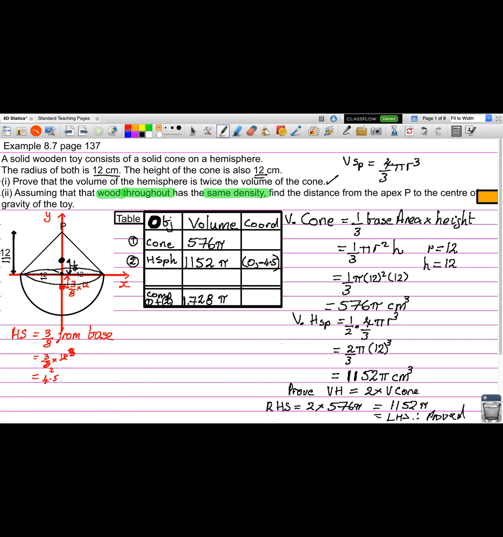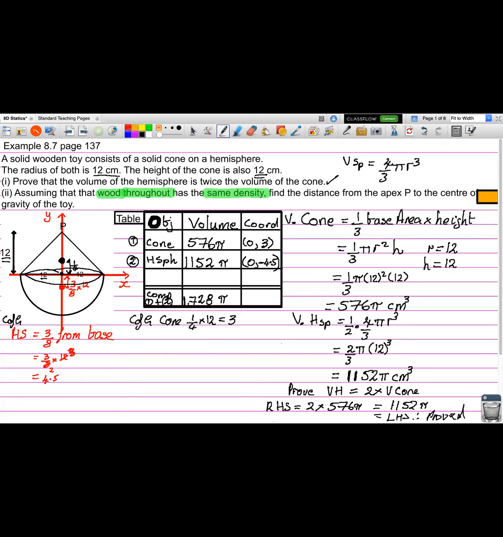So the center of gravity for the cone is going to be 1/4 the way up from the base, which means it's going to be 1/4 of 12, and 1/4 of 12 is 3. So again, because the thing is perfectly balanced in symmetry, the x coordinate for this position is going to be 0, and the y coordinate is going to be 3 up.